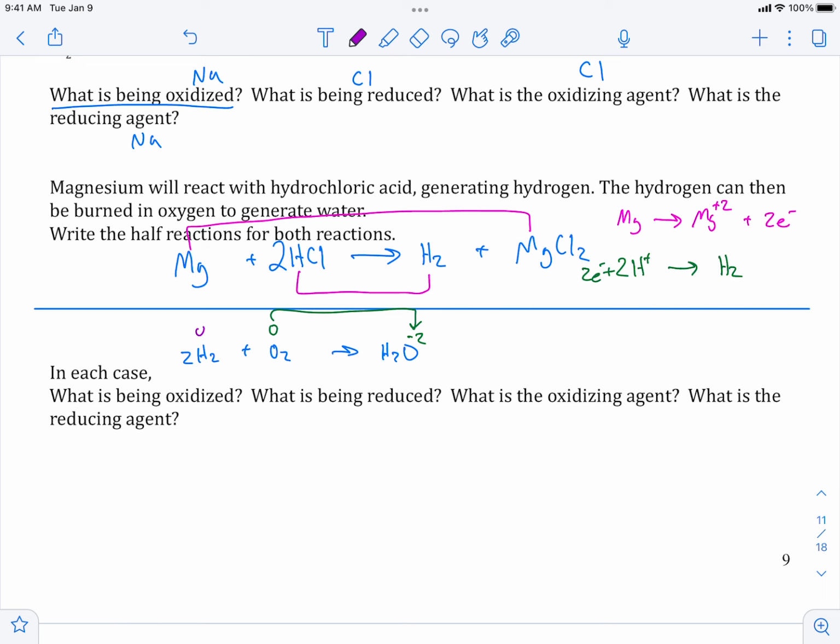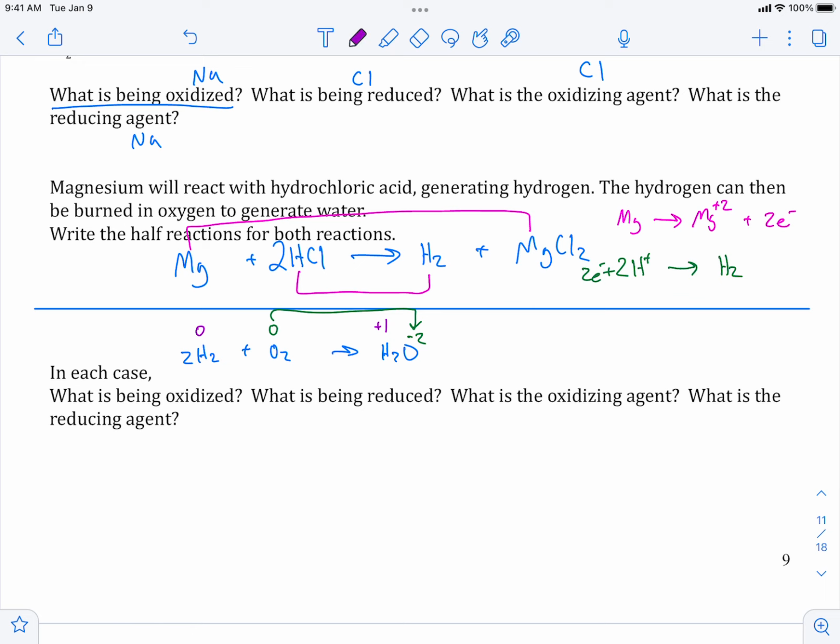Hydrogen is all alone at the beginning. It's going to have a charge of 0. In the compound of water, hydrogen's charge is what? +1. Now, there are 2 of them, but when we write charges, we always write the charge per atom. So I know there's 2 hydrogens here, right? But that +1 means per hydrogen, okay?